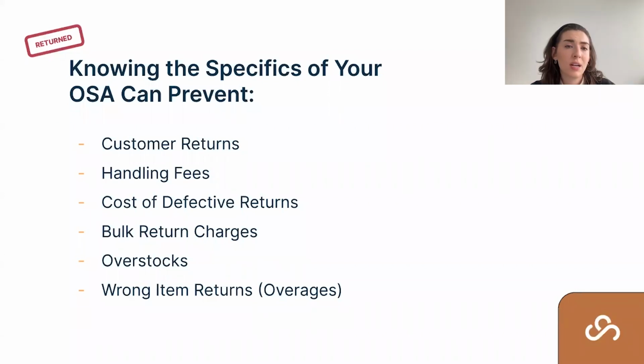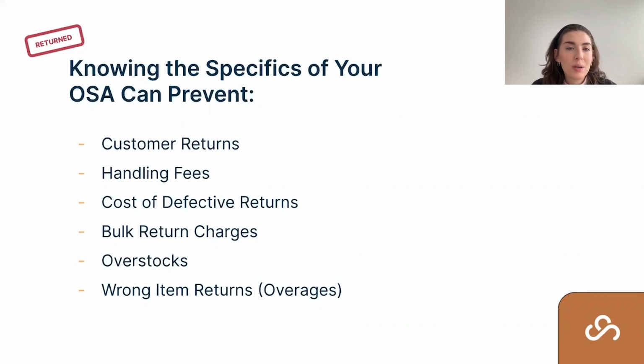No, that's helpful. And that actually goes straight into this next slide about knowing the specifics of your OSA, because as you'll start to see, the theme of the returns conversation and really the full deductions conversation is the way that things can overlap.